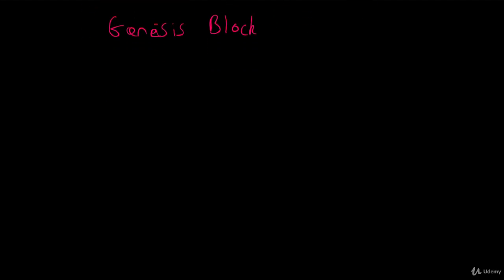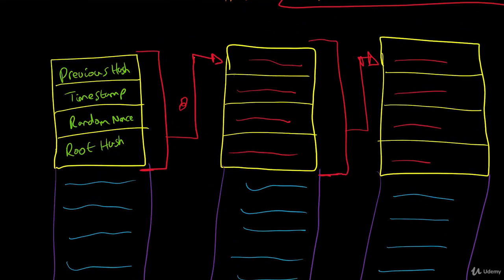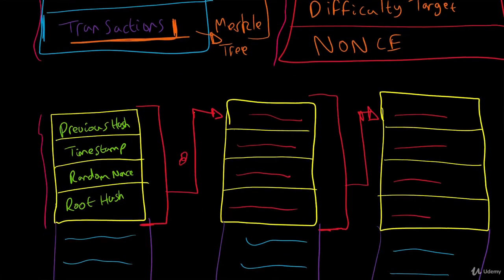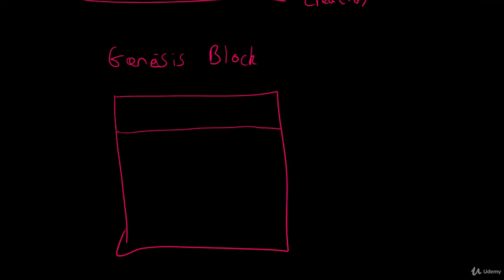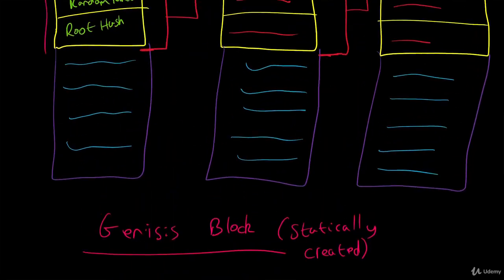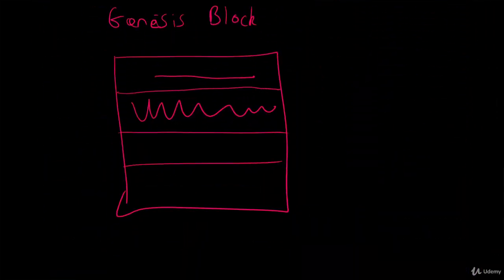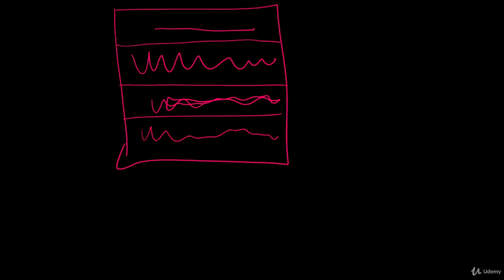It's called Genesis. And the Genesis block has everything that our block here has, and obviously what all of this has as well if you look at it from a more in-depth point of view. But the only thing that it doesn't have is the previous hash. So the previous hash field is just left blank. The other fields, the timestamp, the random nonce, the root hash, have a bunch of data in there.